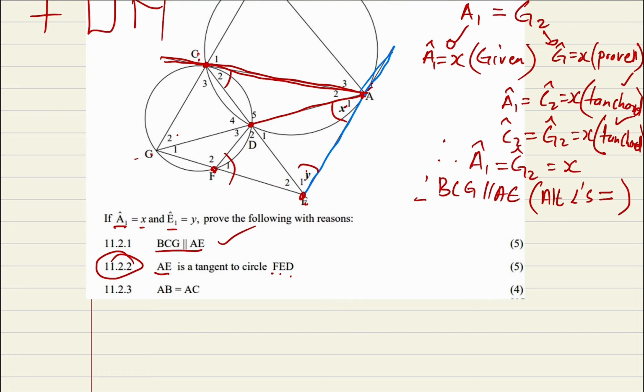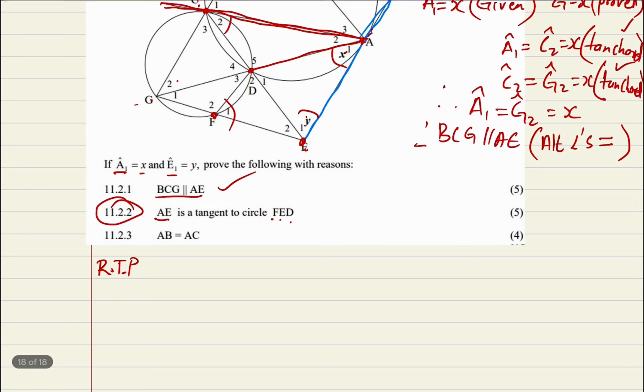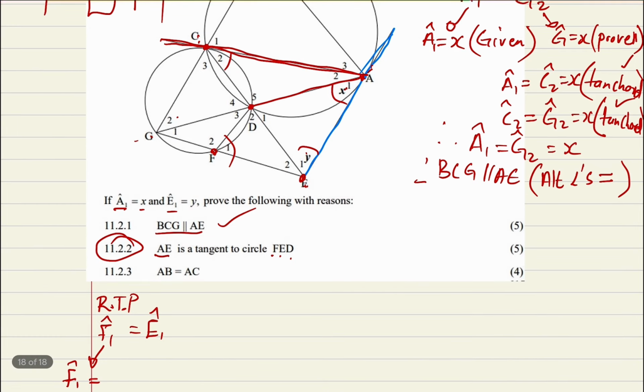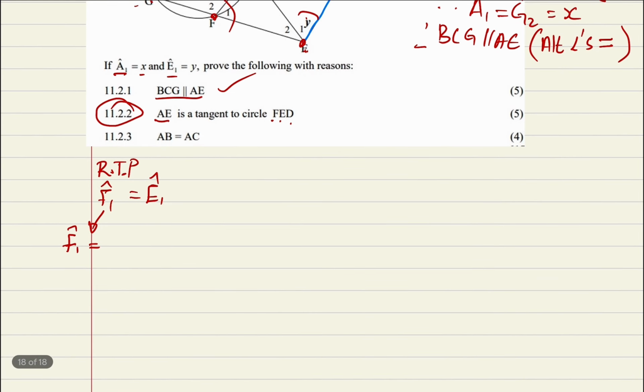What I'm required to prove is that F1 is equal to E1. But I know that angle F1 is equal to angle G3. Can you see G3?